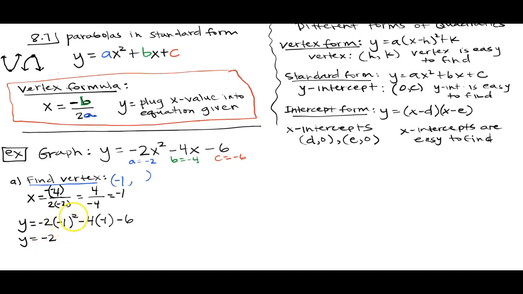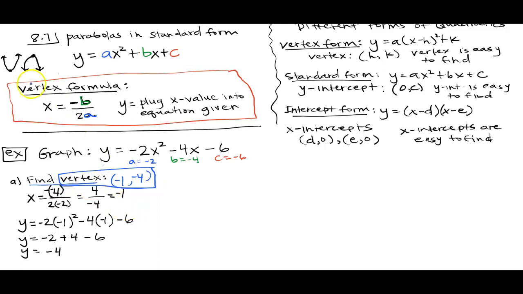So negative 1 all squared is 1, and 1 times negative 2 is still just negative 2. Negative 4 times negative 1 is positive 4, minus 6. So negative 2 plus 4 is positive 2, minus 6 is going to give us negative 4. So when x is negative 1, y is negative 4. So that is my vertex.